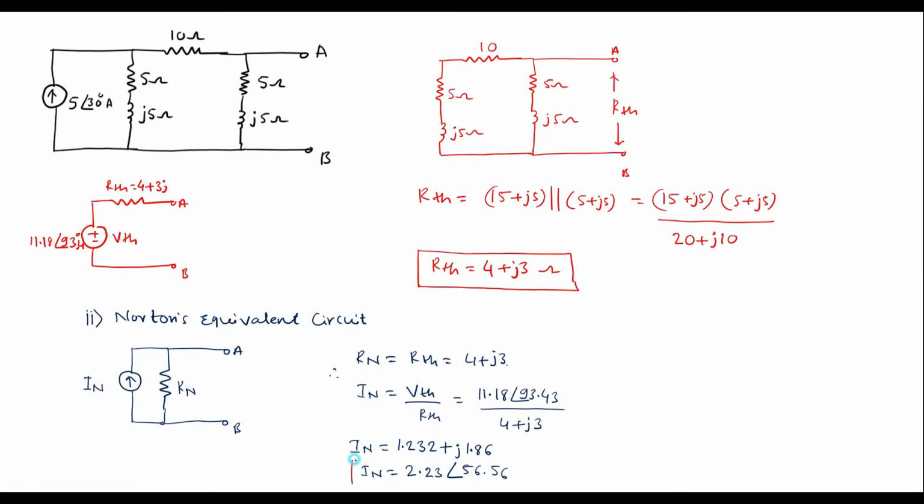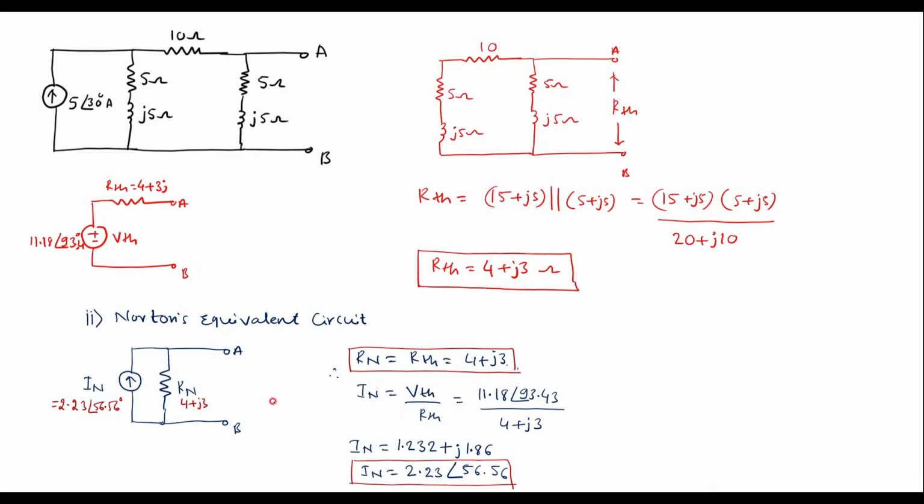So this is Norton's current IN, and this is Norton's resistance RN. Therefore, I can write IN is equal to 2.23 at an angle of 56.56 degree, and RN value is 4 plus J3.